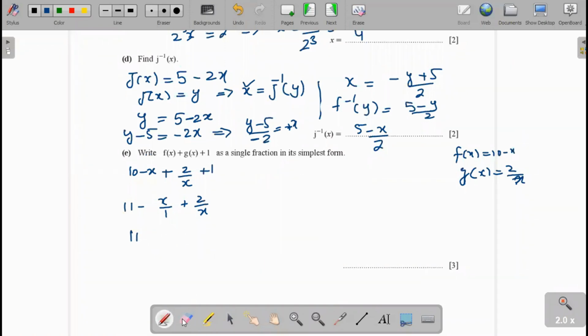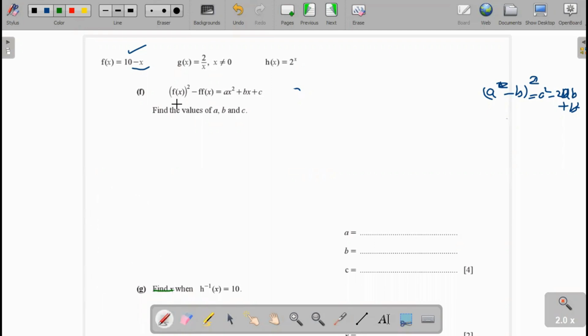Now we take the LCM of these values. Now the LCM is x. Now we can write it as 11x minus x squared plus 2, and that is equal to minus x squared plus 11x plus 2 over x. And this is the single fraction.